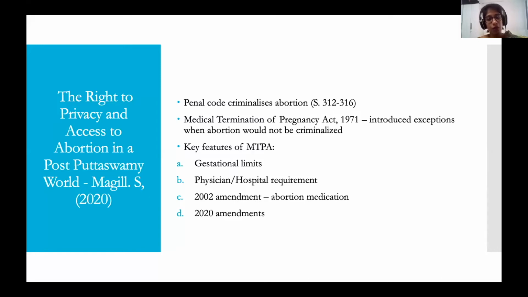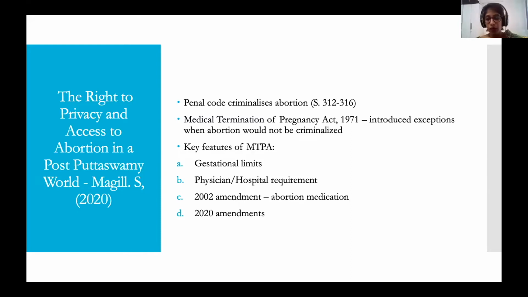The second requirement, similar to the US, is the requirement of having a physician. And only certain hospitals that are approved or licensed by the government can perform abortions under the MTP Act. Subsequent to this, there was the 2002 amendment. Under the 2002 amendment, abortion medication was permitted.